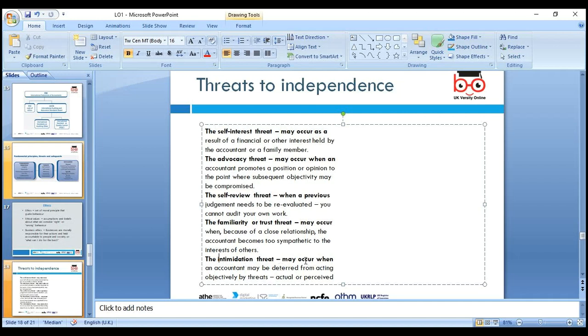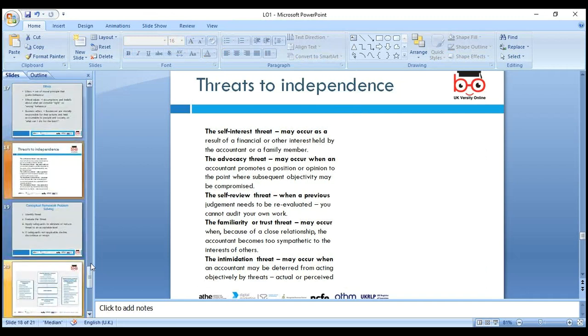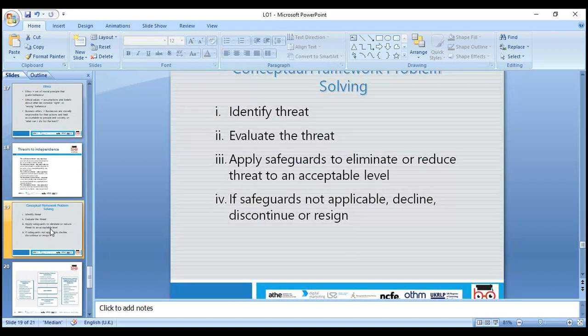So intimidation: we are intimidating you to do this. Or you will get a 20% bonus if you do it this way. If you save £50,000 worth of tax for us, we will pay you 25,000 as fees. That can't be, because you are intimidating the person. You can set the fees based on the number of hours, your skills and the knowledge you have, but not based on the financial reward.